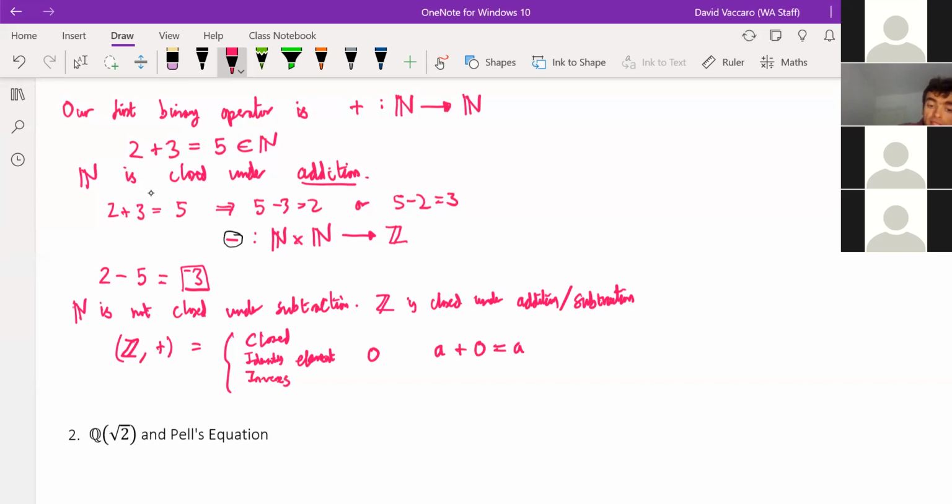There are inverses, so if I add a and negative a, I get back to 0. And it's also got a property called associativity. That means it doesn't matter the order in which you bracket things up. So (a plus b) plus c is the same as a plus (b plus c).